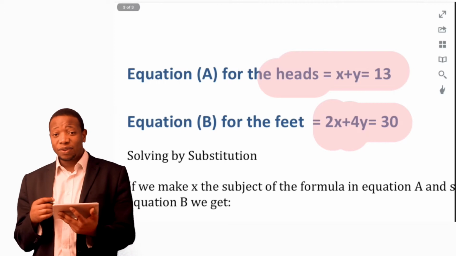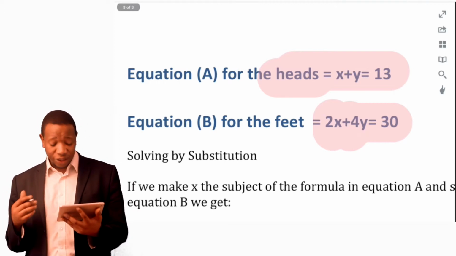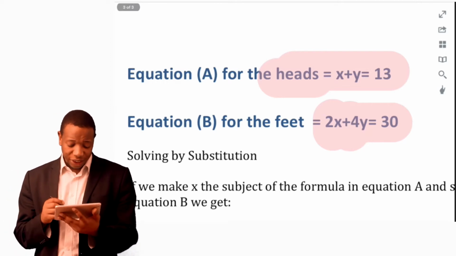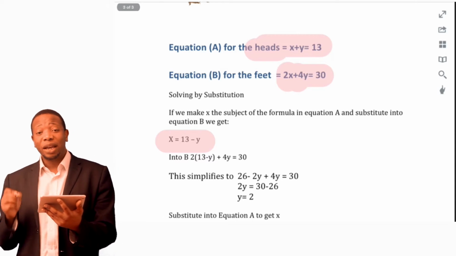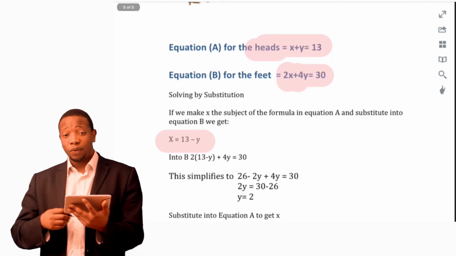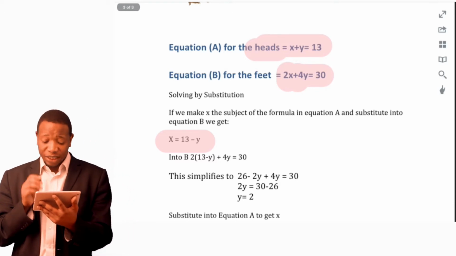Now we can solve this as simultaneous equations, by substitution. So it says here, solving by substitution. X is equal to 13 minus Y, so we're making X the subject of the formula. And then we've got the B equation, and we substitute into that.